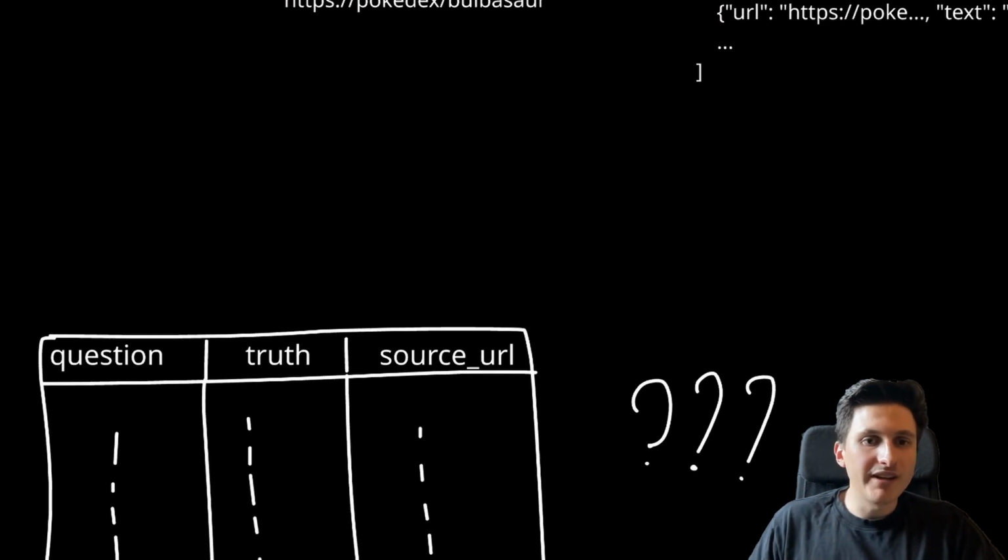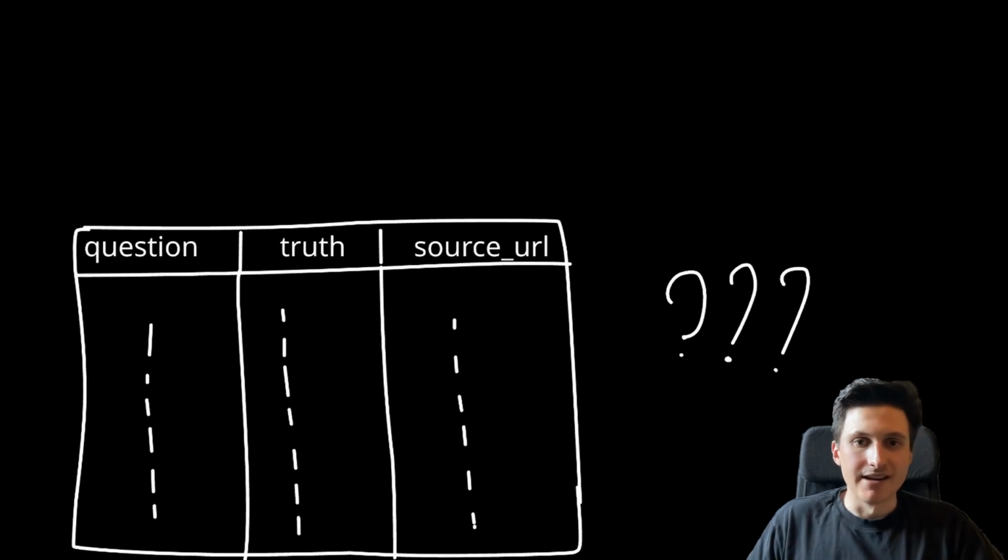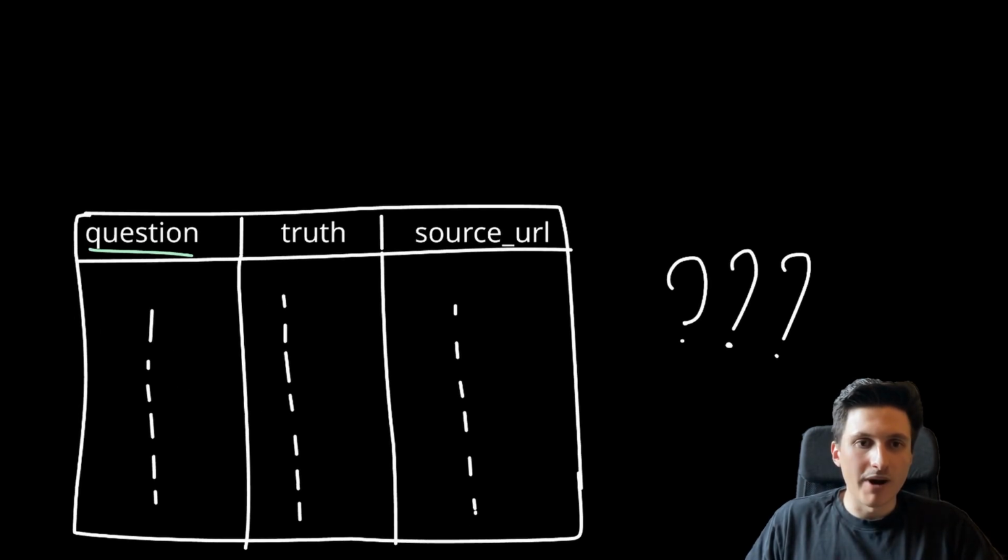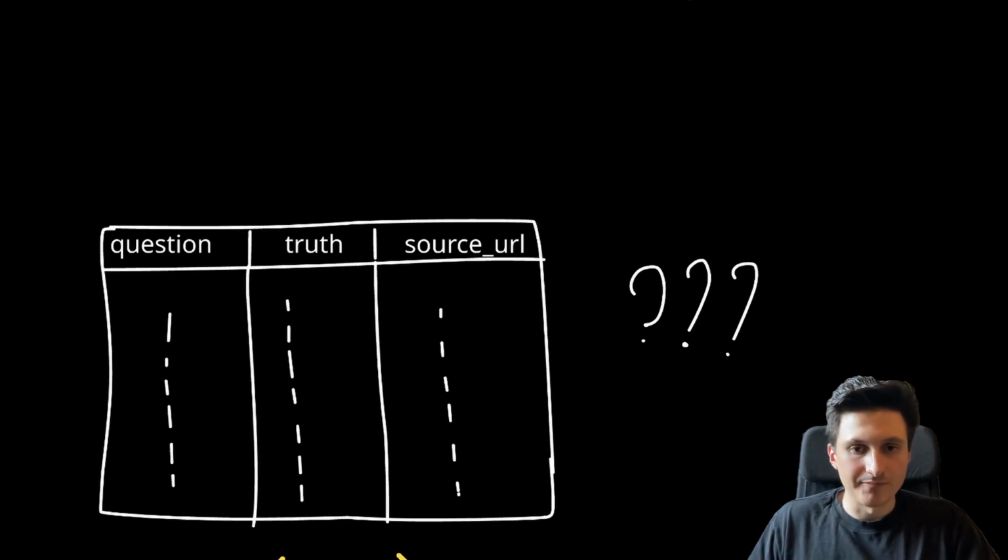But we need a data set which consists of questions, the ground truth, and if you're using a knowledge base with URLs, then you also need to include the URL on which the answer could be found.